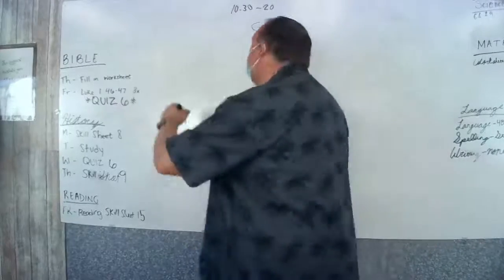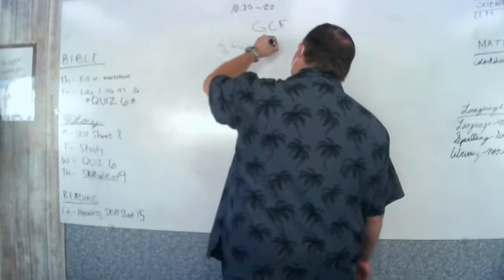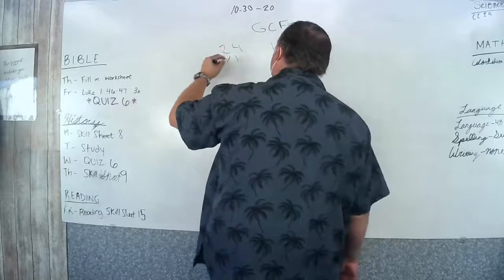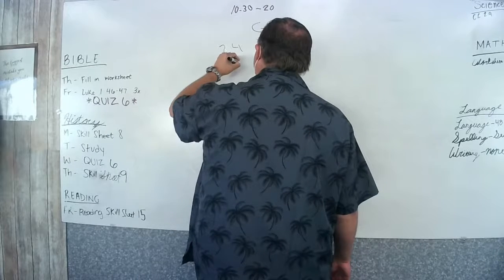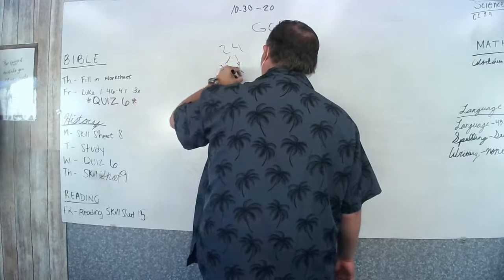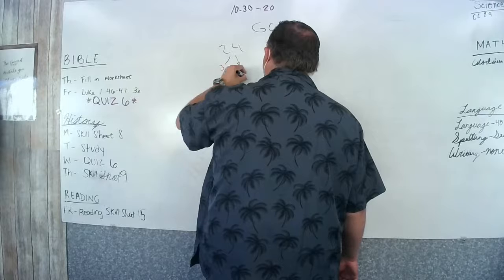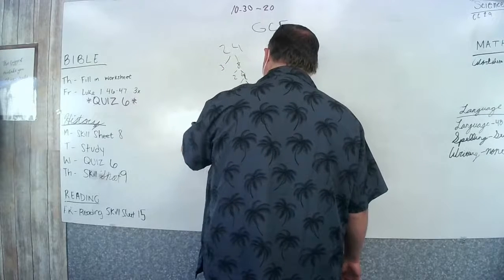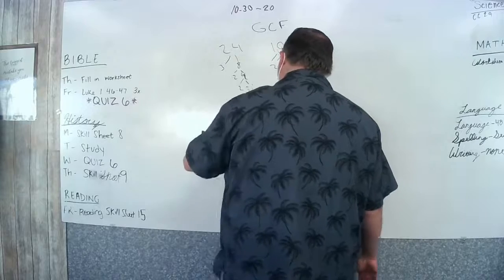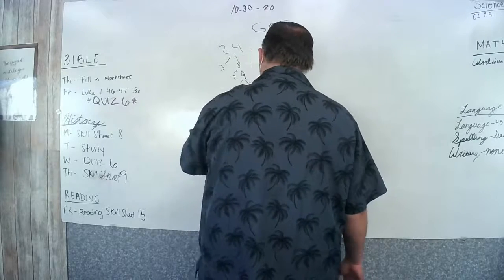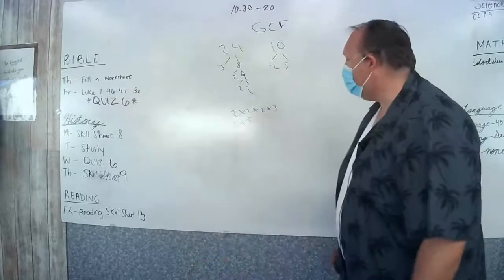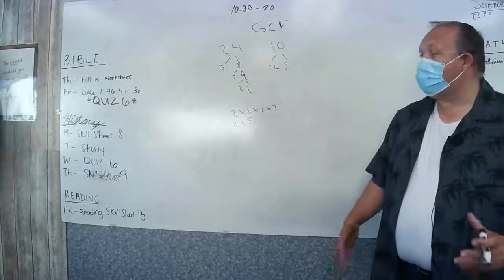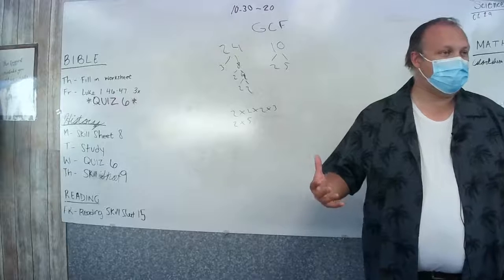So we have the numbers 24 and 10. Break them down into prime factors. So we have 2 times 2 times 2 times 3, and then we have 2 times 5. This is the one where we're looking only for common factors.